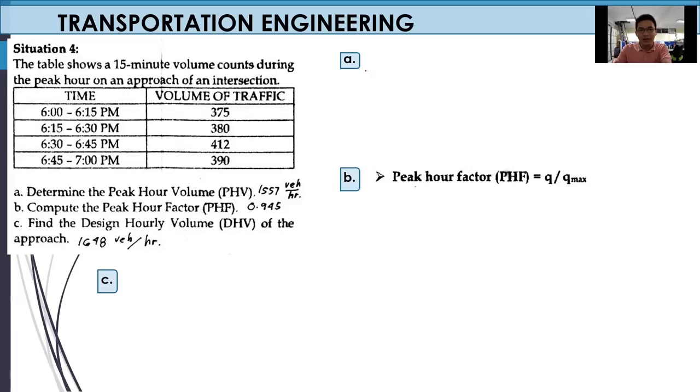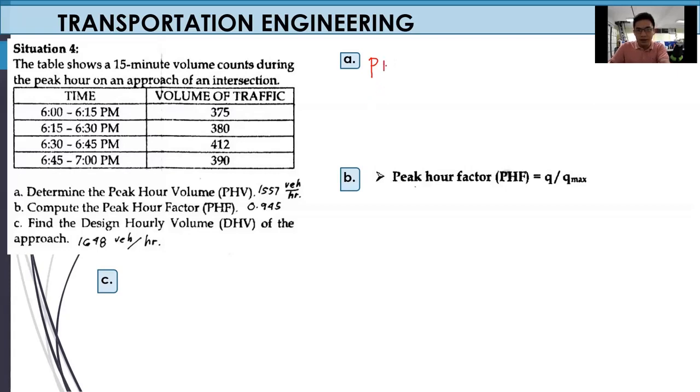Okay, so for letter A, napakadali lang po yan kasi peak hour volume lang yung hinahanap. So from the word itself, hour, so as you can see, isang oras naman din yung kabuuan nila. So unahin po natin yung peak hour volume. So therefore, ang gagawin natin is just to add all our volume from 6 p.m. to 7 p.m. So lagyan natin peak hour volume.